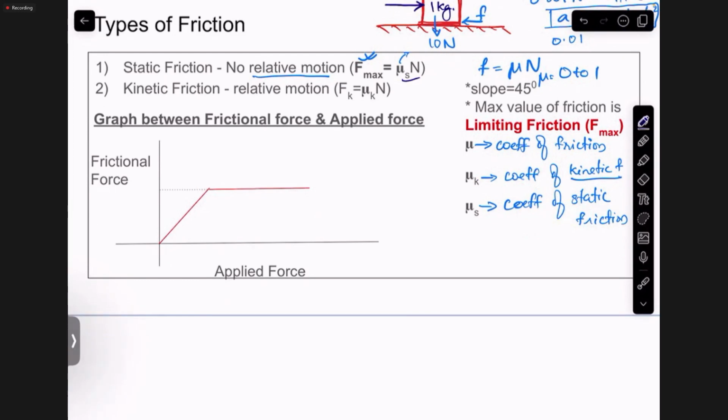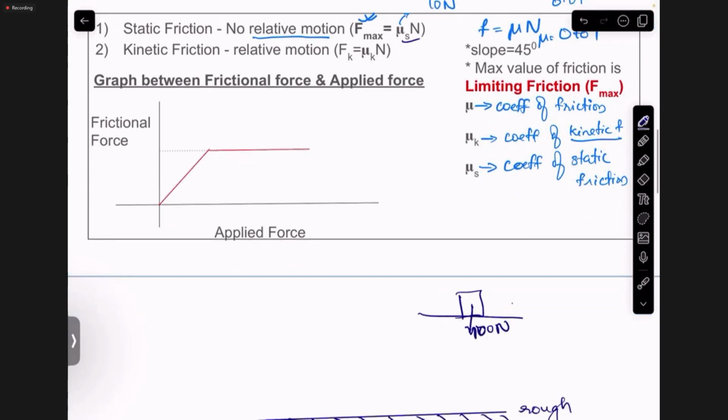If I'm keeping a metallic block of 10 kg over a wooden table, the mu s will stay constant, mu k will stay constant, but what will the normal reaction be? If it is a plain, horizontal table and this is the metallic block, 10 kg, then 100 Newton will be the normal reaction here, and mu s will be something like 0.1.